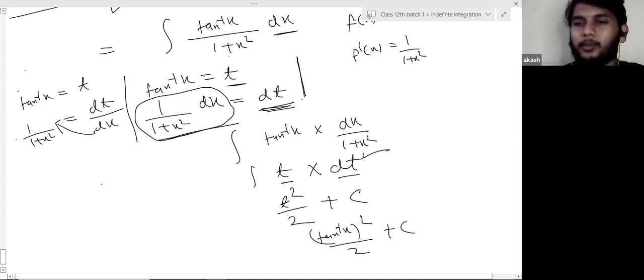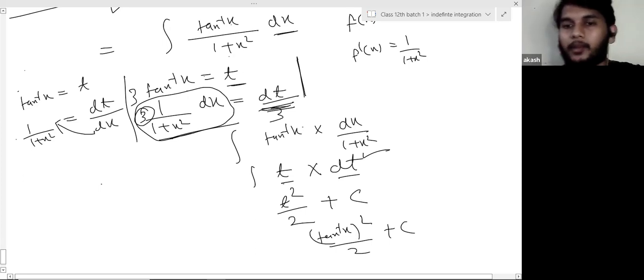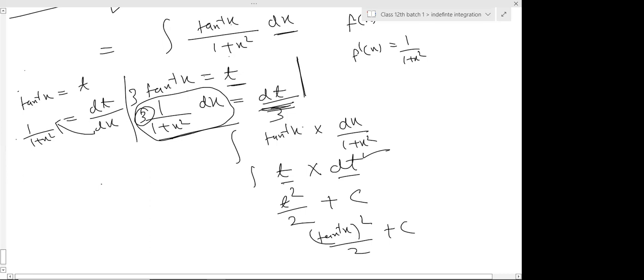It will take just two steps, right, Krishna? And you will avoid making mistakes also, because all the questions will not be as simple as that. There will be constants also, so you have to write down the constant also. Or let's suppose we had 3 tan inverse x, so you had to write 3 here and throw this 3 to this side and so on, right? So it's better to always write this. All right, Krishna. Okay, sir.